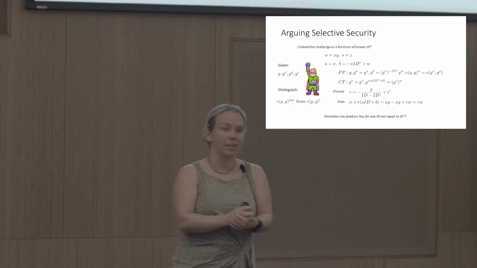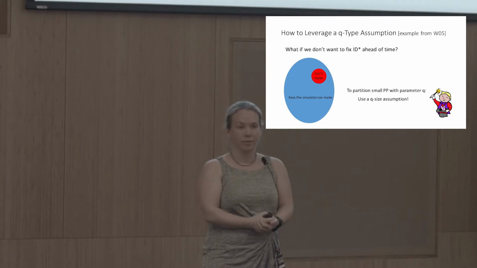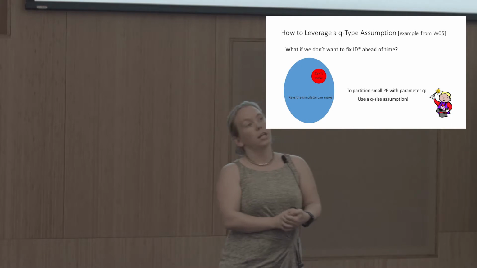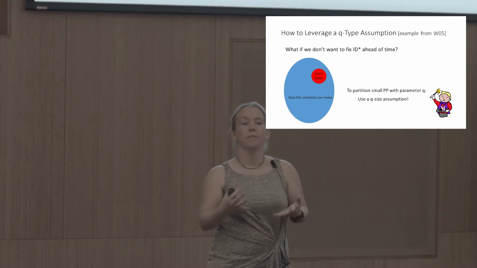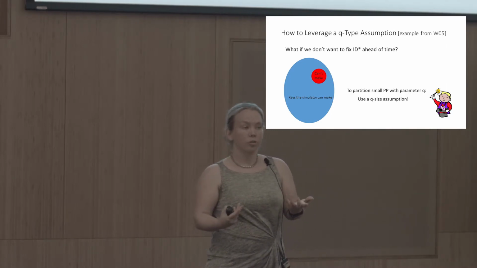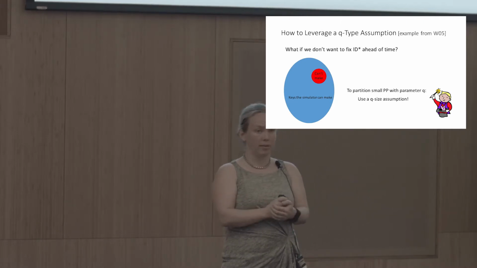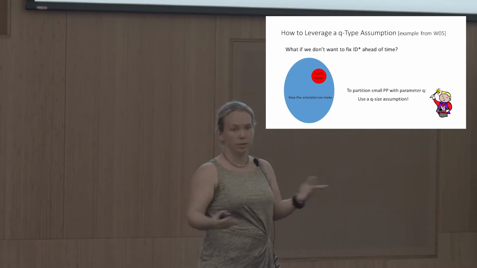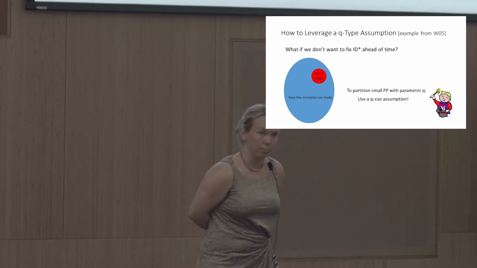What if we don't want to fix ID star ahead of time? So one approach would be for the simulator to guess, right? So the simulator guesses where the attacker is going to attack. What is the probability of that guess being correct? It's 1 over the number of identities, right? So if we're going with an exponential space of possible identities, in this case the identity can be any element of the finite field, that is the exponent space, which is typically going to be exponentially large in the security parameter.